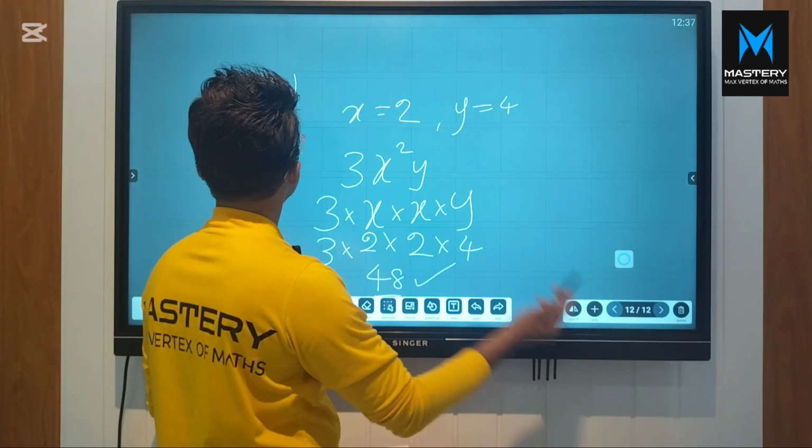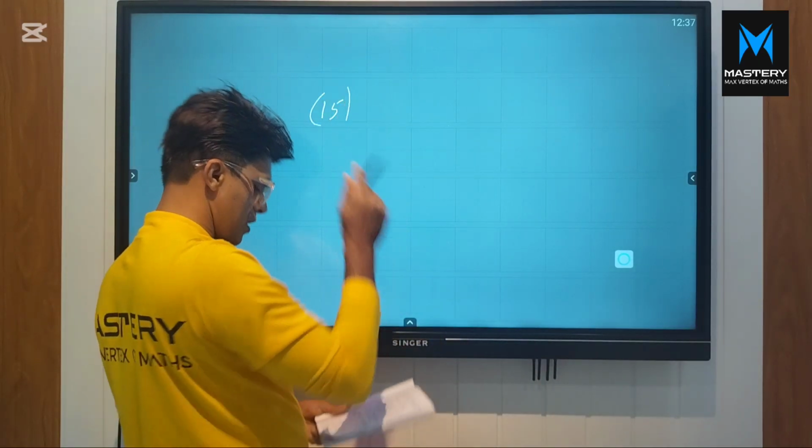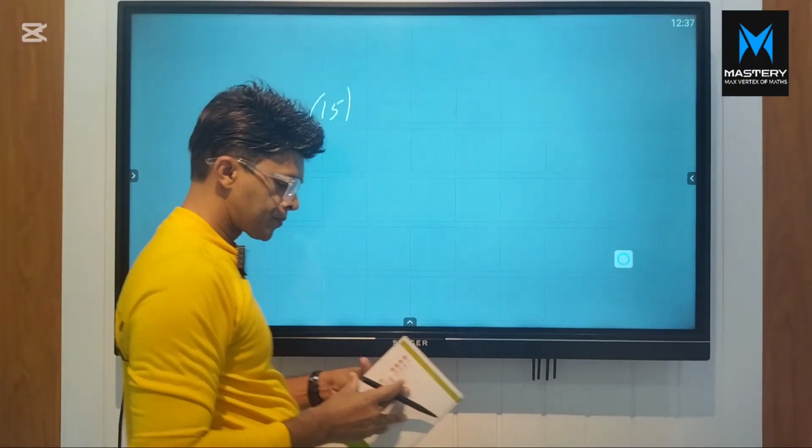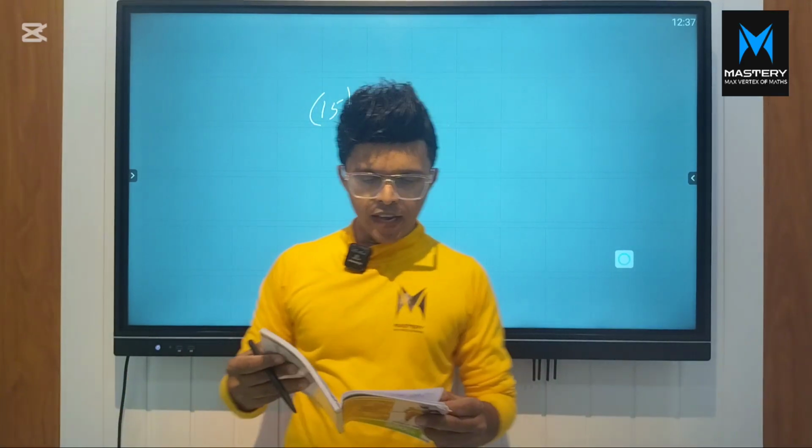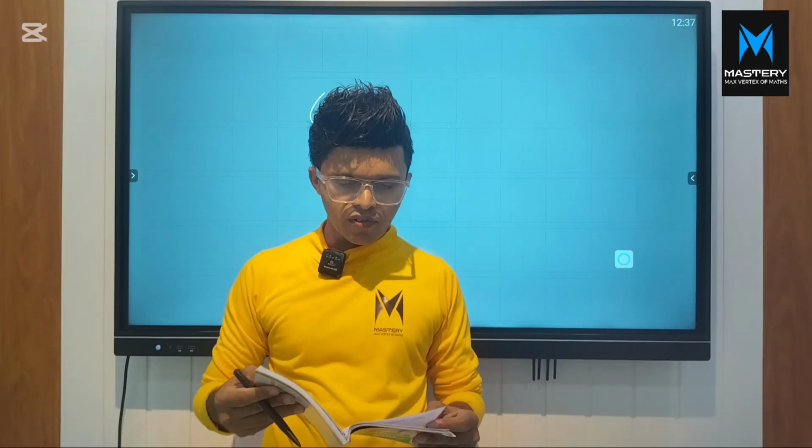So the 15th question is, it has been given that 10 bottles, you could check with the paper. If 10 bottles, each of capacity 750 milliliters, are filled from a water vessel which contains 40 liters, find the remaining amount of water.